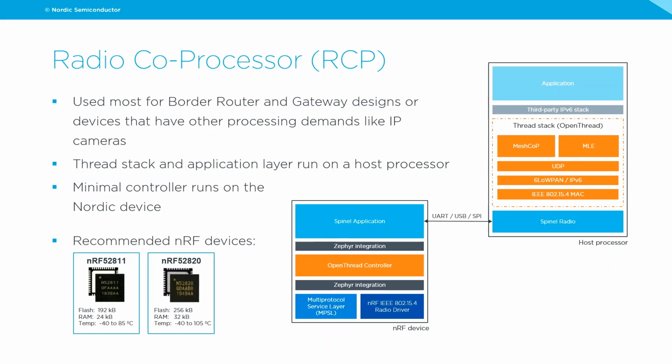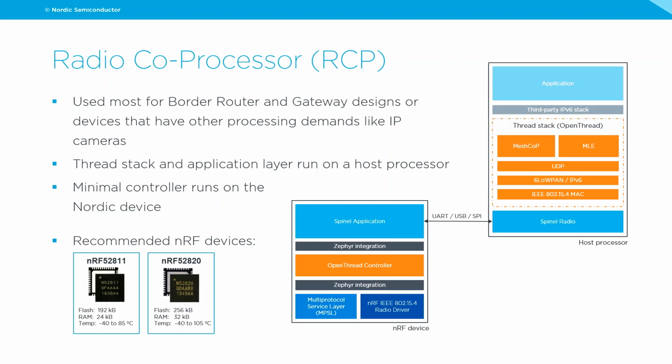The second supported coprocessor architecture is called radio coprocessor, or RCP. The major difference from the previous one is that the host runs both the application and the OpenThread stack while communicating with a Nordic device that acts as a radio transceiver.